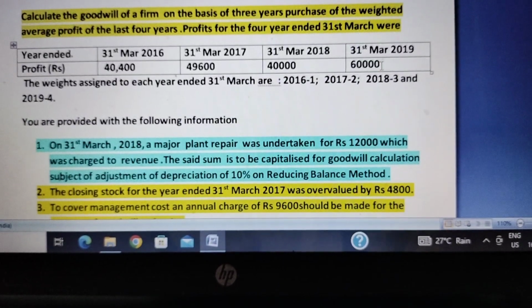The weight assigned to each year will be 1 for the first year, 2 for the second year, 3 for the third year, and 4 for the fourth year, just like in ascending order: 1, 2, 3, 4.